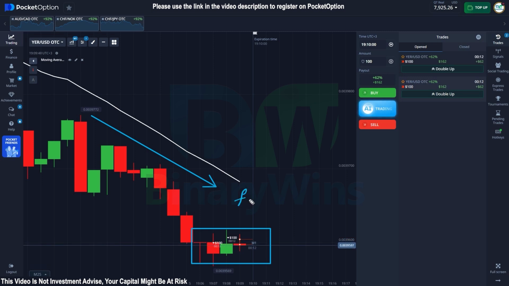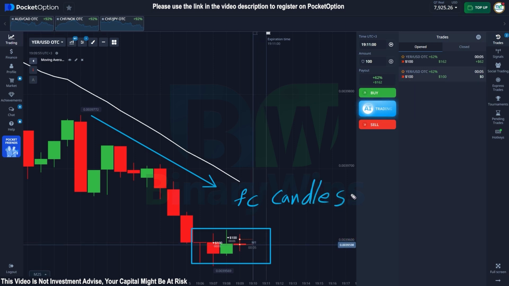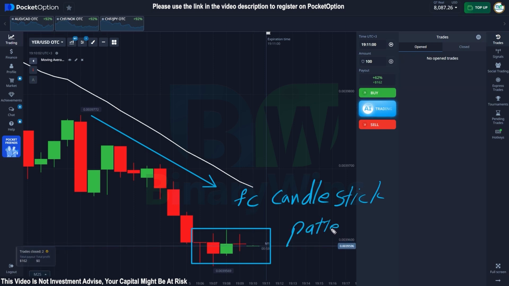The FC candlestick pattern. You can see the first candle is red, the second candle is red, the third candle is green, so the fourth candle will most likely be red.